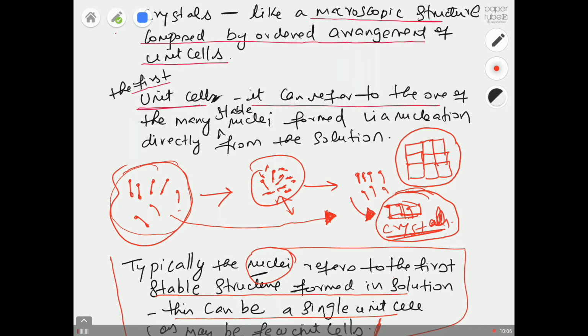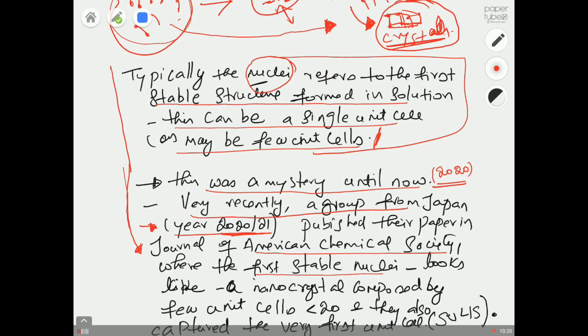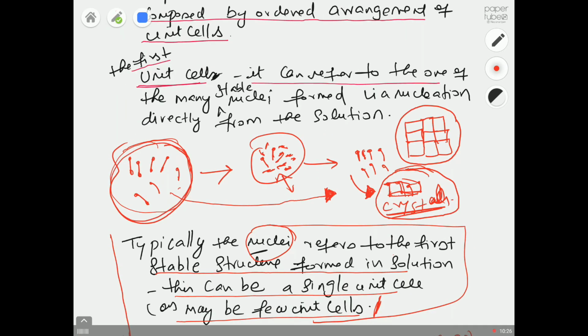The books will give you loads and loads of statements, but they always fail to say that these are very difficult to observe, because we don't have that level of facilities to probe everything at atomic scale. So try to see that video. It will give you some idea how you start from something like here, and then you end up with some stable crystals. So you should watch that video.